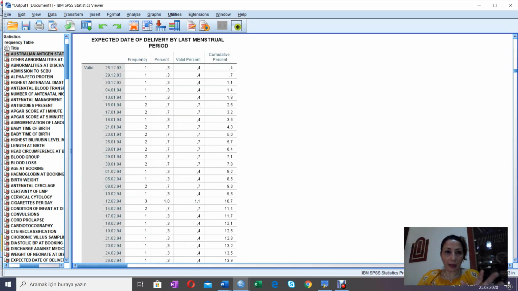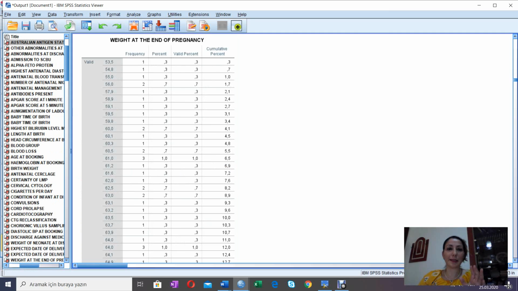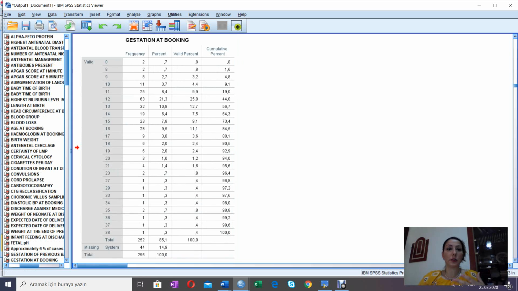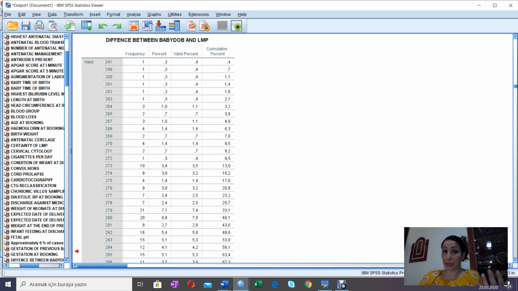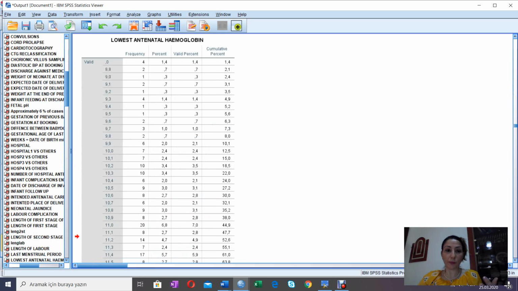Since we are dealing with health, labels are really important, so that not only us, but if some other researcher or some other biostatistician opens it, they can also understand what these variables mean.